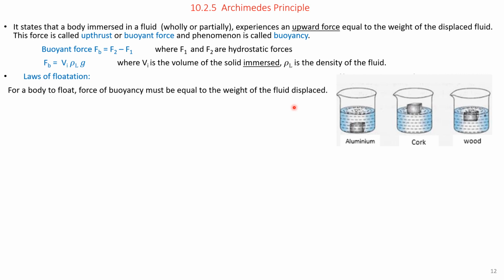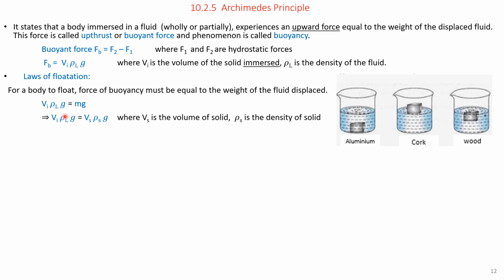Please see the figure on the right hand side. Here three different solids, aluminium, cork and wood, are shown in the container. Generally, for example, the liquid can be water, and they are immersed in water. Therefore, using the previous equation, Vi into rho L into g is equal to Fb, the buoyant force, that is equal to mg, that is mass into acceleration due to gravity.